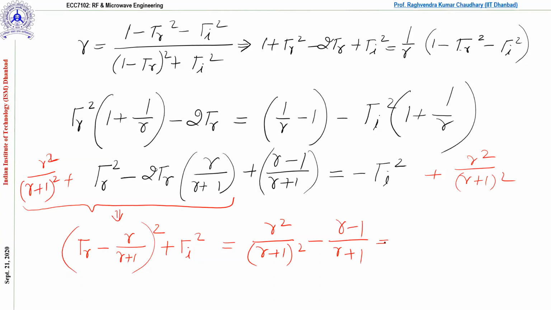Now we can solve it, and if you solve, finally you get 1 over r plus 1 to the whole square. Now the thing is, if you see the outcome, you can match this equation with some well-known equation, correct? If you open this square, you will get the above term. That is why we added here r square divided by r plus 1 to the whole square, correct? We just want to make a perfect square.